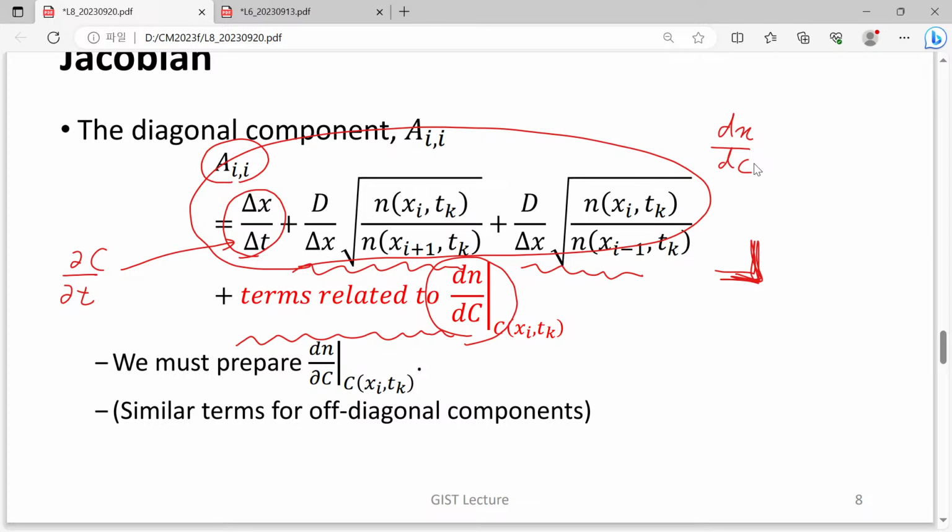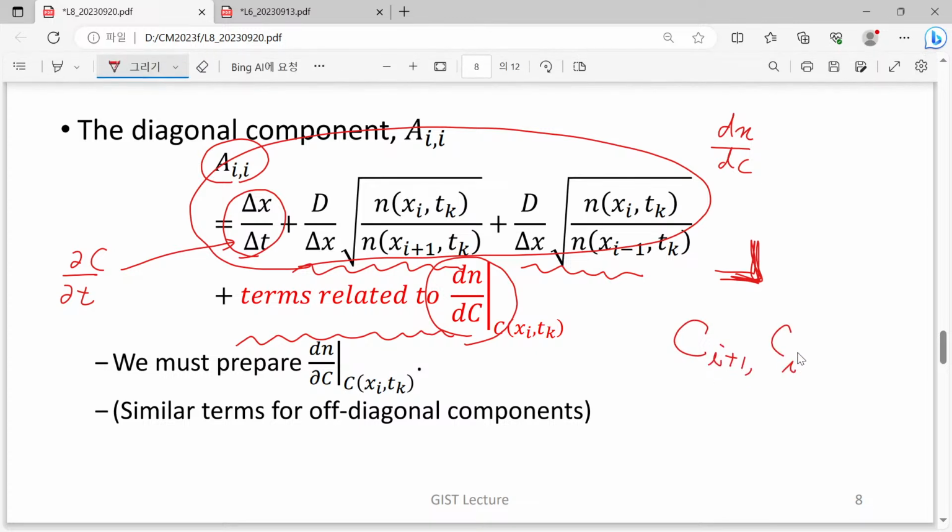So my suggestion is not to be ambitious the first time. First of all, please try to calculate your Jacobian matrix only considering C i plus 1, C i, and C i minus 1 as unknown variables, and consider your n values as constants.